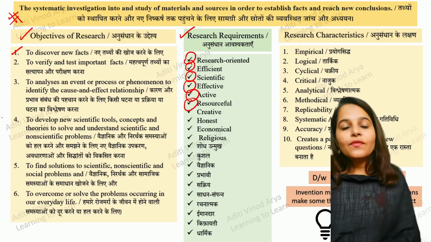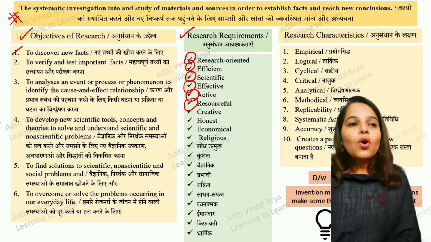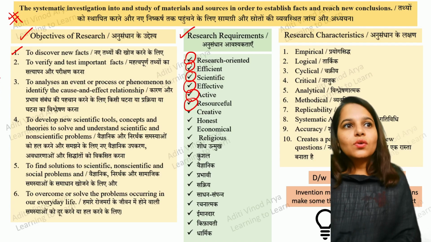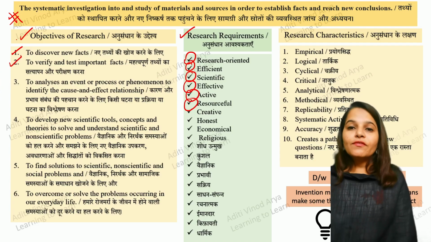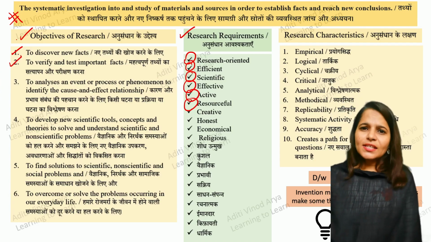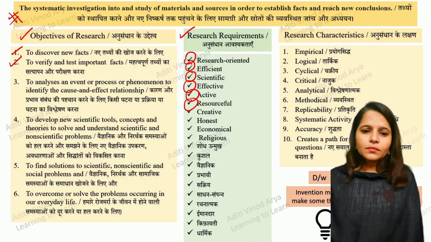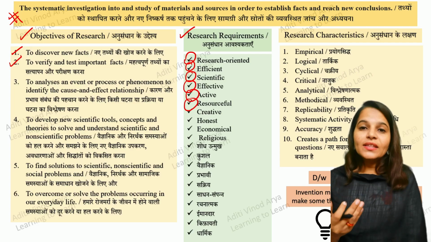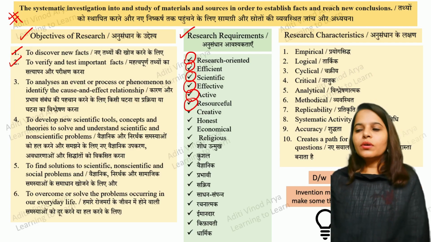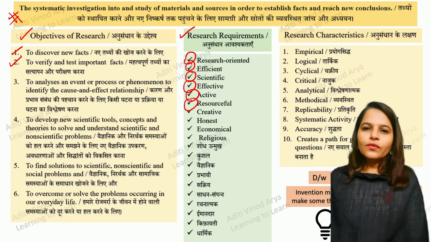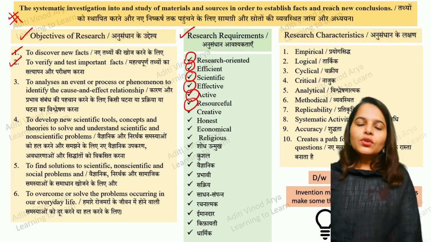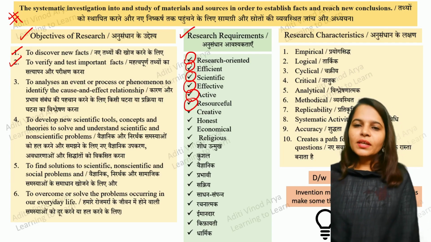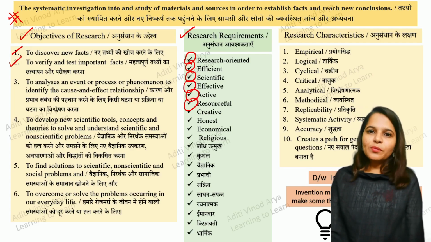The second is to verify or test any important facts. So this is also one of the important things, that we are verifying the facts. Is this fact true? Is whatever said right or wrong, to verify the original knowledge. You might have heard of various myths and rumors. The rumors are created, but the rumors can be solved by doing the right type of research.